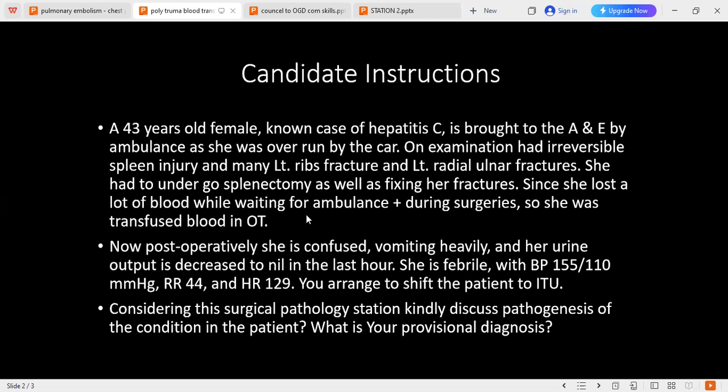What percentage of white blood cells are already present in packed red blood cells? It's less than 5 into 10 to the power 6 per liter. All right. Please tell me what is the average lifespan of the red blood cells? 120 days. Okay. Right.